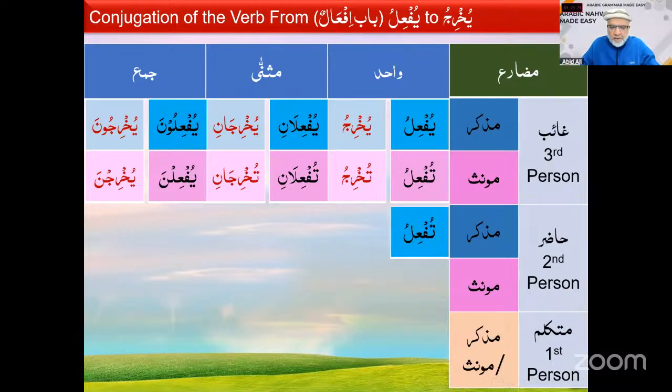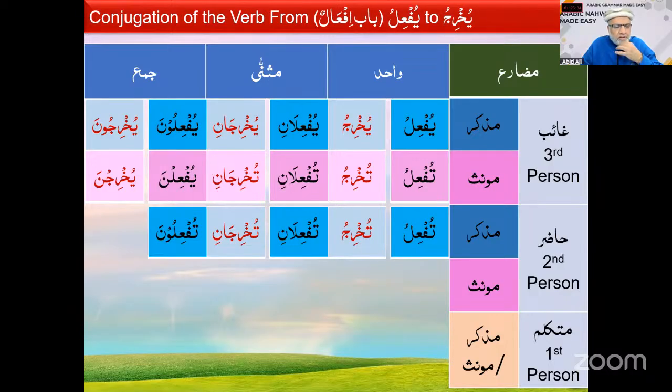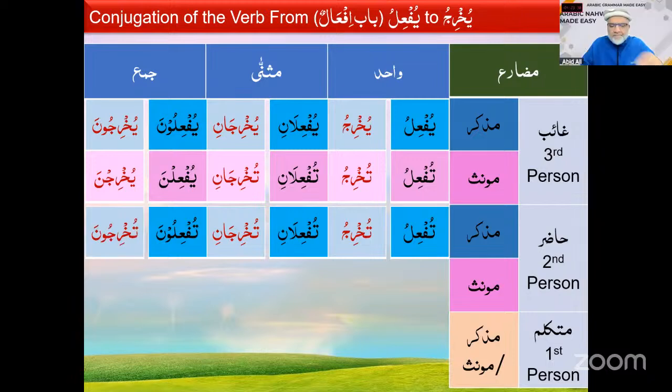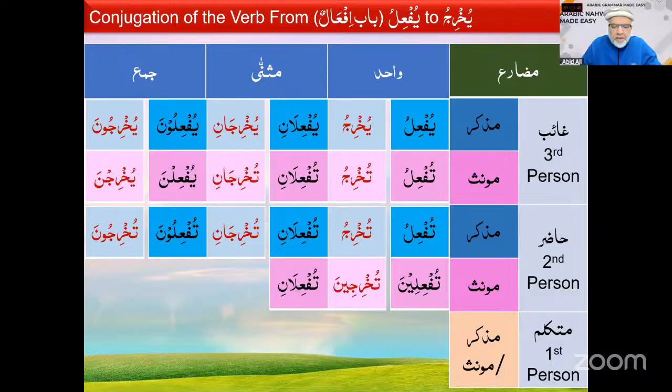Okay. Tuf'ilu. Tukhriju. Next one. Tuf'ilani. Tukhrijani. Okay. Next one. Tuf'iluna. Tukhrijuna. Okay. Tuf'ilina. Tukhrijina. Okay.